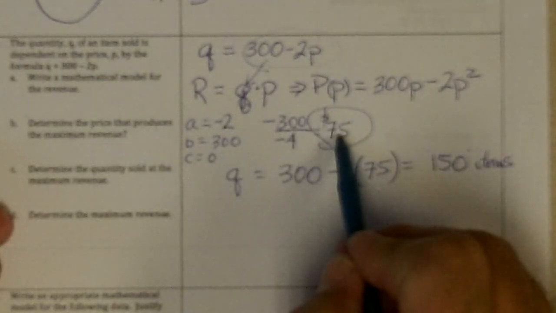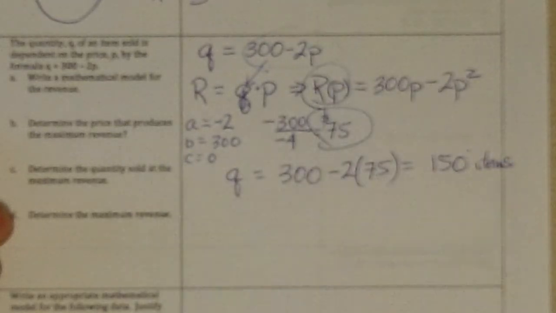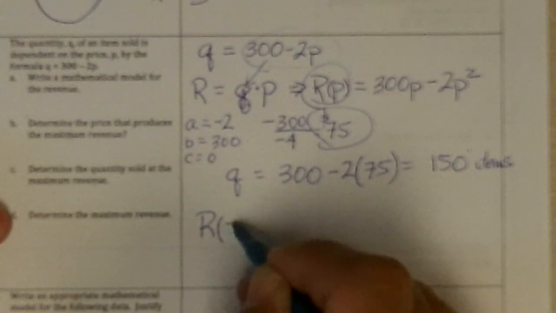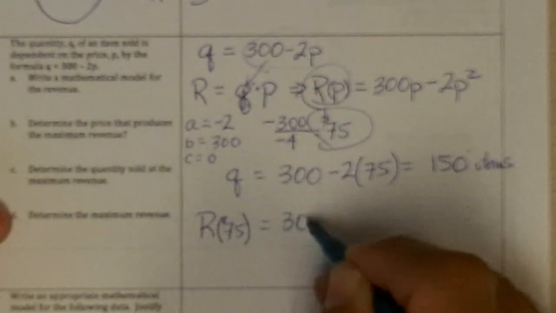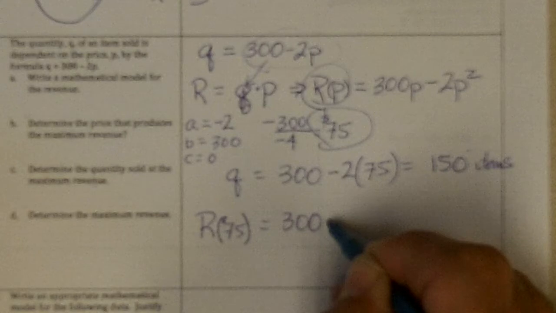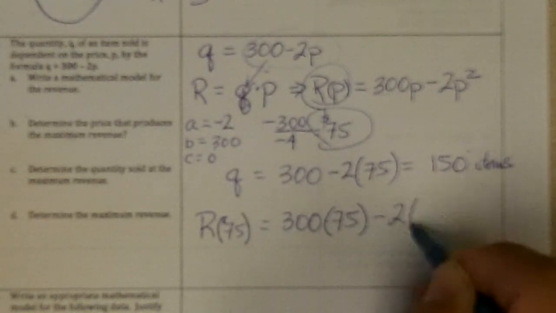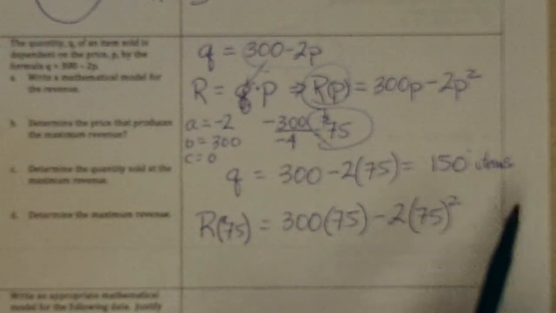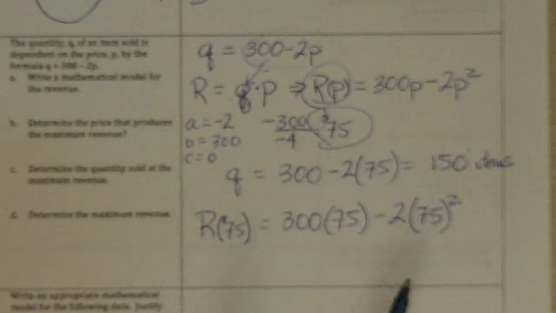Then finally, what's the maximum revenue? Well, it happens at a price of 75, and so if I plug 75 in here, I will get the maximum revenue, depending on the price. And so I will do the revenue at a price of 75 is 300 times the price minus 2 times the price squared. Or I could just say, there's 75 is the price and 150 items, and I could just multiply those two.